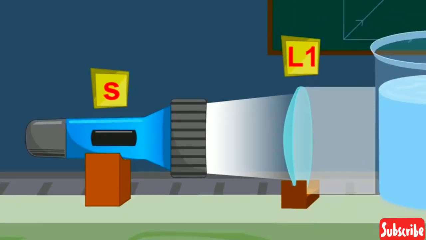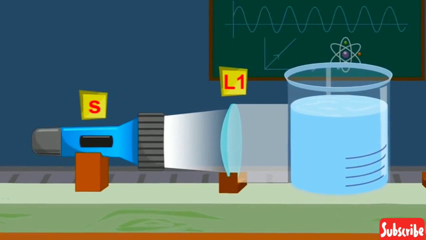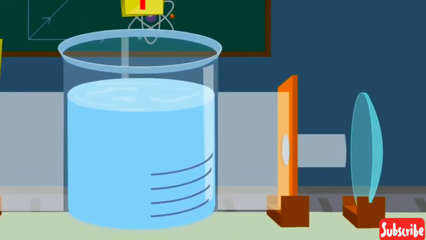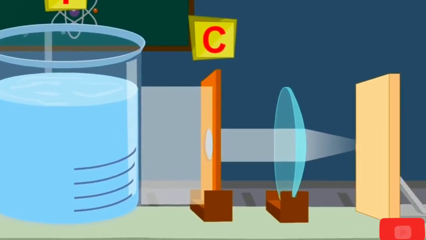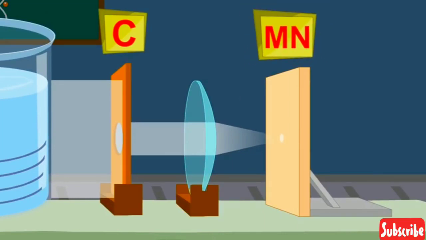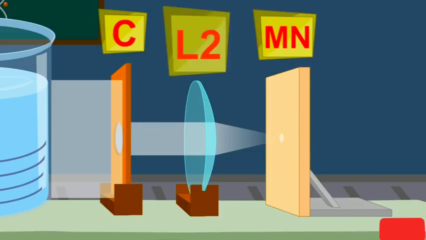Allow the light beam to pass through a transparent glass tank T containing clear water. Next, allow the beam of light to pass through a circular hole C made on a cardboard and obtain a sharp image of the circular hole on a screen MN using a second converging lens L2.